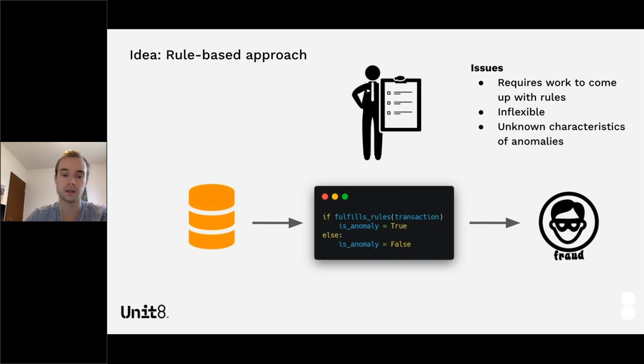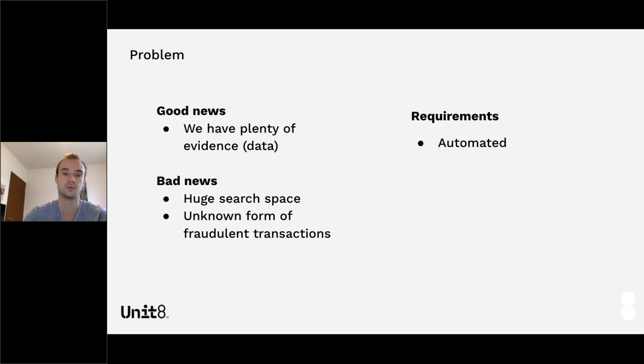And finally, and possibly most importantly, in most cases, it's simply impossible to predict all the shapes and forms that anomalies can assume. So a bad actor also has an incentive to not make the nature of his transactions completely obvious, of course.